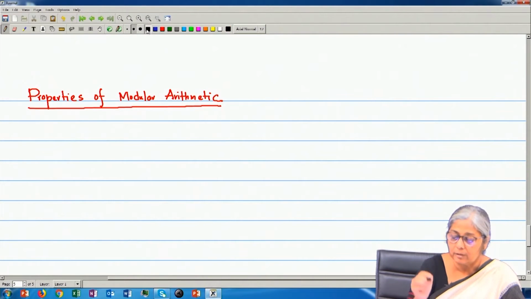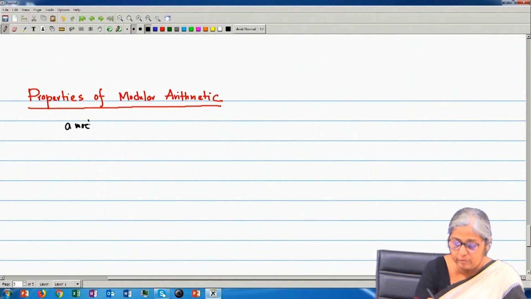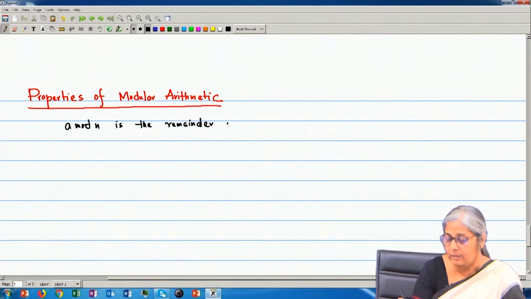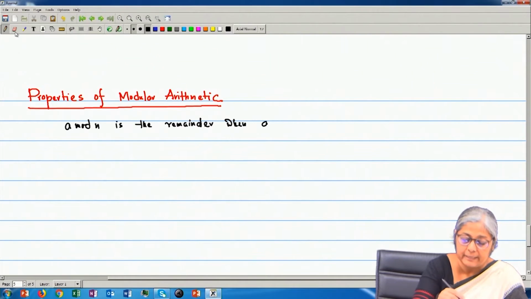Now, a modulo n, we write a mod n, is the remainder when n divides a.